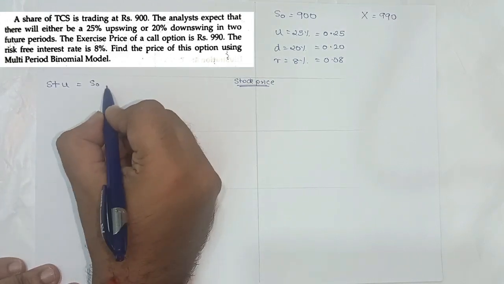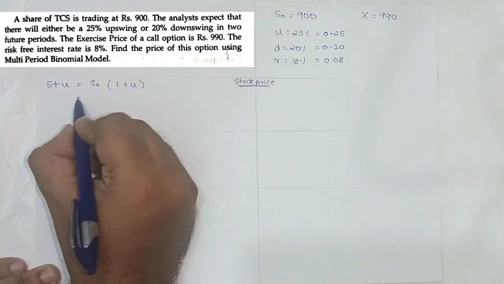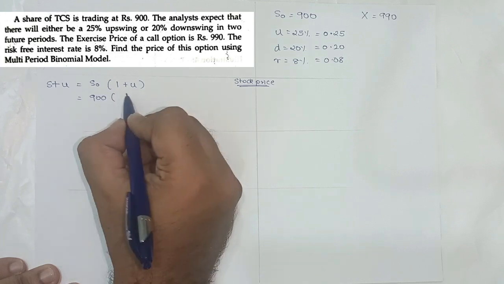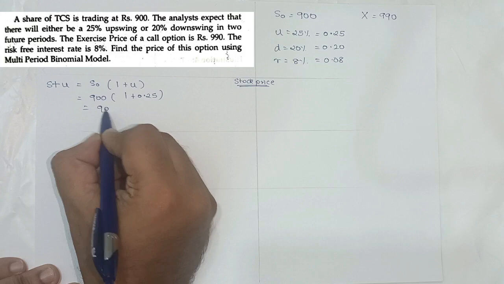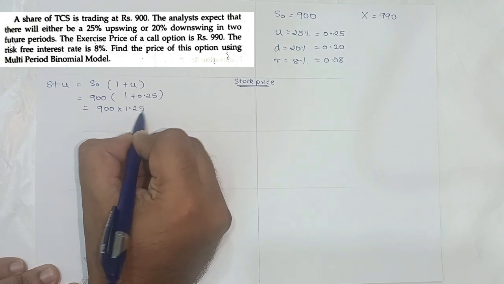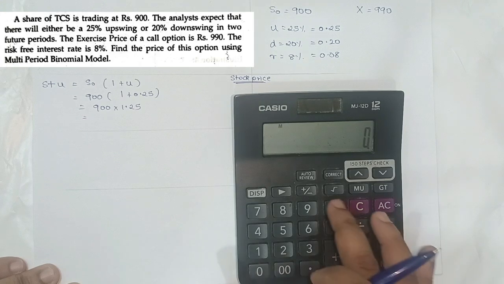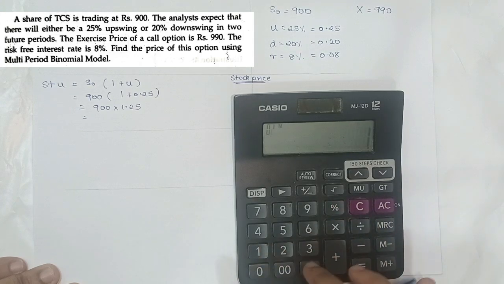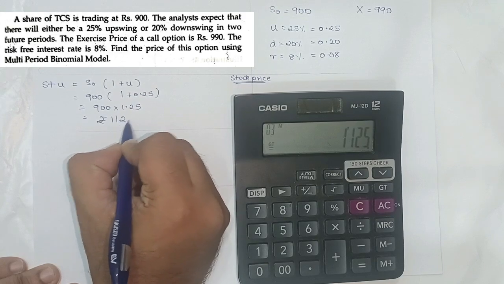Formula is spot price into 1 plus the upswing. So spot was 900 into 1 plus 0.25. So that is 900 into 1.25. So on a calculator, 900 into 1.25, it comes to rupees 1125.